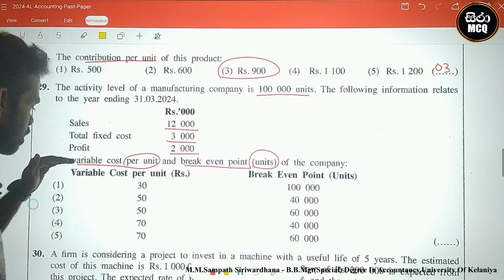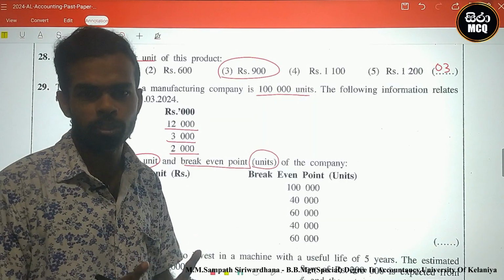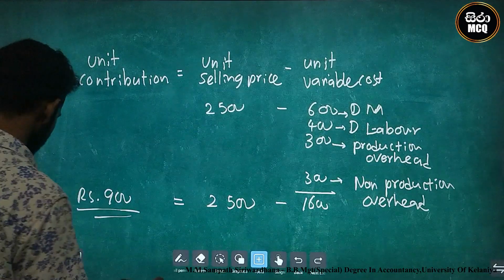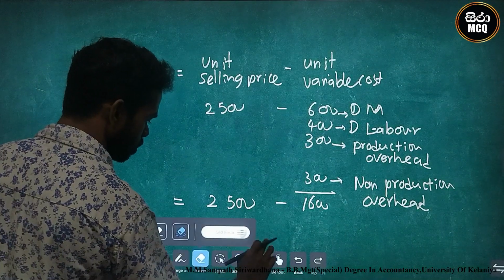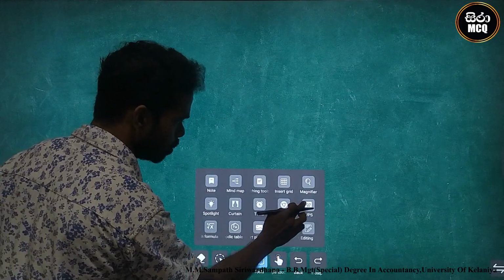The requirement is the variable cost per unit. Look at the question.